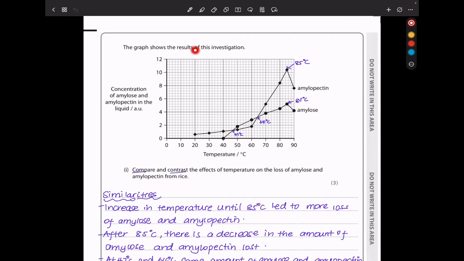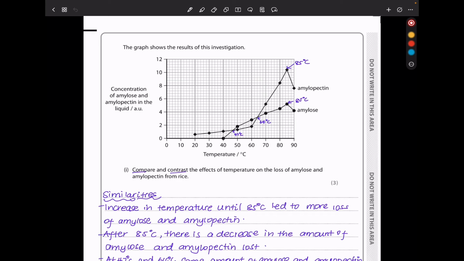So the graph shows the results of this investigation. On the vertical axis, we have concentration of amylose and amylopectin in the liquid, and here we have the temperature. The higher the temperature, the higher the amylose and amylopectin leaking out until 85 degrees. After 85 degrees, an increase in temperature causes a reduction in the amount of amylose and amylopectin leaking out.